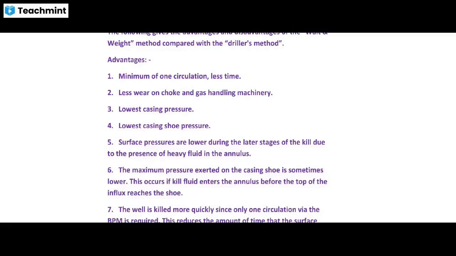And now we have completed a brief presentation on the advantages and disadvantages of the wait and weight method over the driller's method.